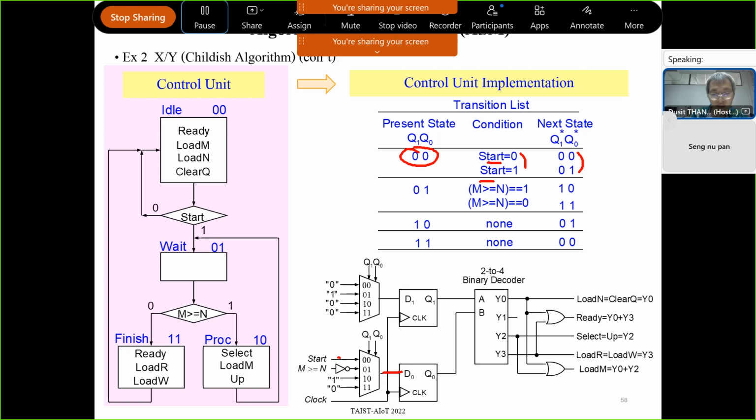So apply start here. And 10 is the opposite of this one, so the inverse of the comparator M greater than or equal N. And for this state, the value of Q0 star is constant 1, and for this one constant 0, so apply 0 here. Then finish.